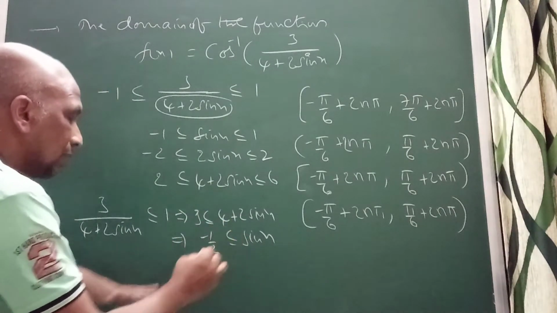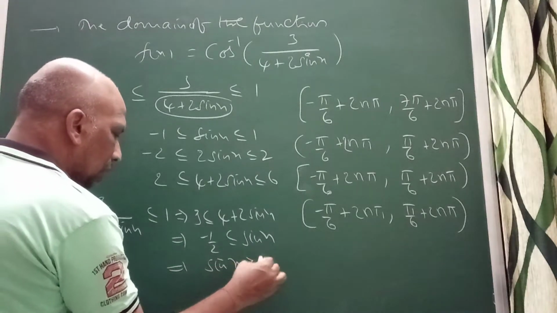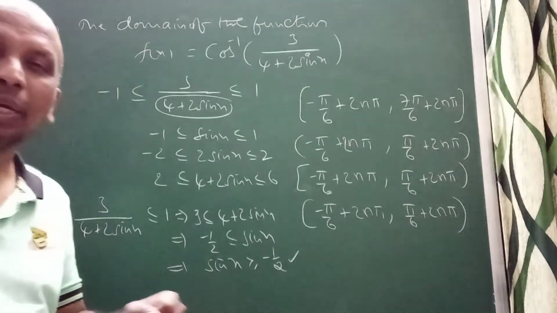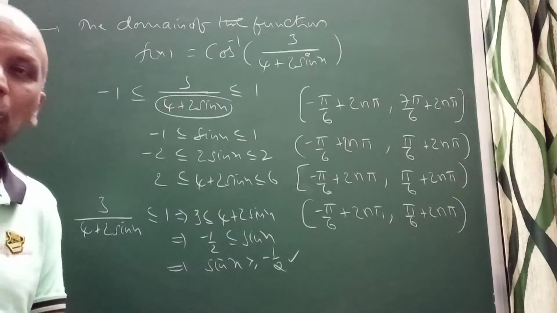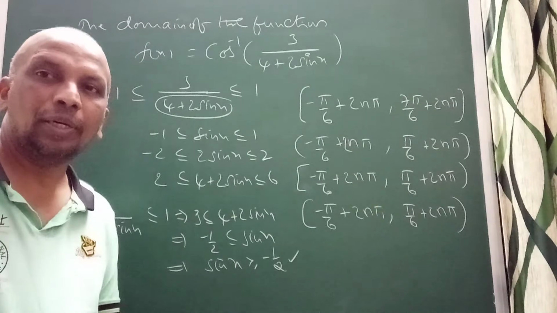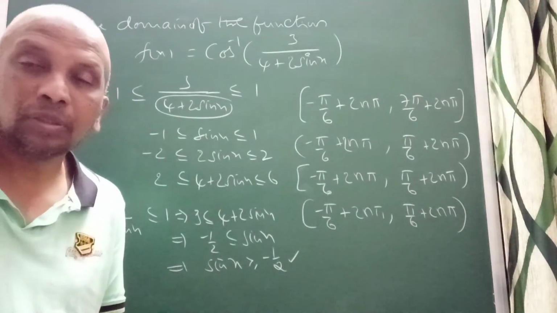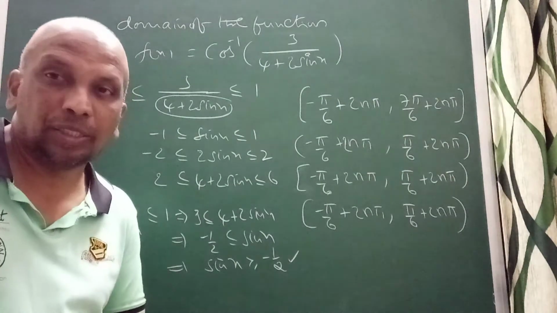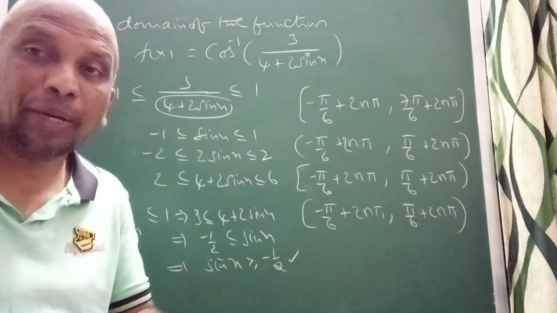That means the sin x value is greater than or equal to minus 1 by 2. Now you can check. When sin x is greater than or equal to minus 1 by 2, the x value lies between... sin 30 is 1 by 2, sin of minus pi by 6 is minus 1 by 2.